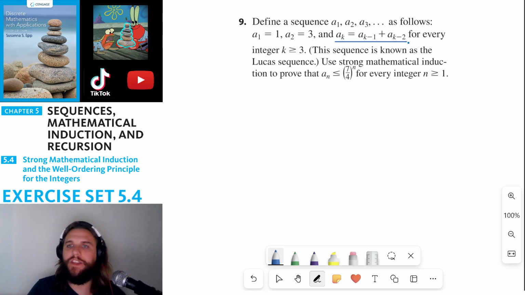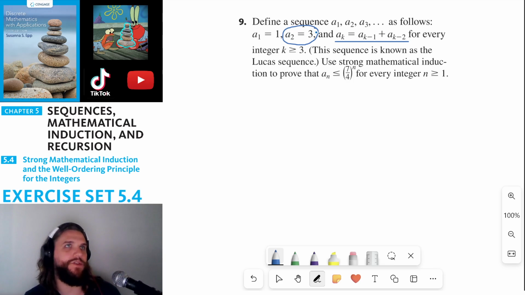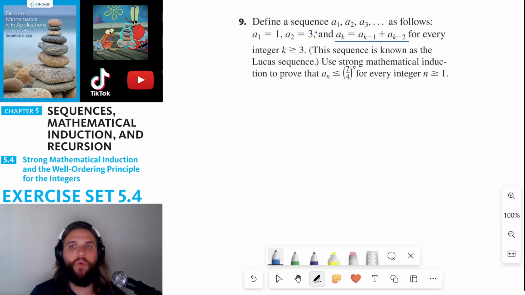Now, if you notice, this recurrence relation here is the recurrence relation in the Fibonacci sequence. The Lucas sequence is very similar to the Fibonacci sequence. The only difference is that a sub 2 is 3, whereas in the Fibonacci sequence, a sub 2 is actually 1. Now, because we are going to be using this recurrence relation to prove the inductive step, we are going to need strong mathematical induction.